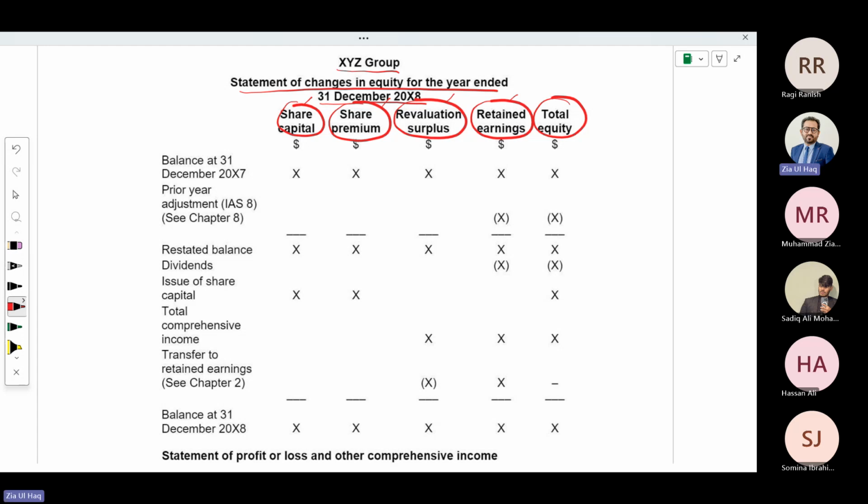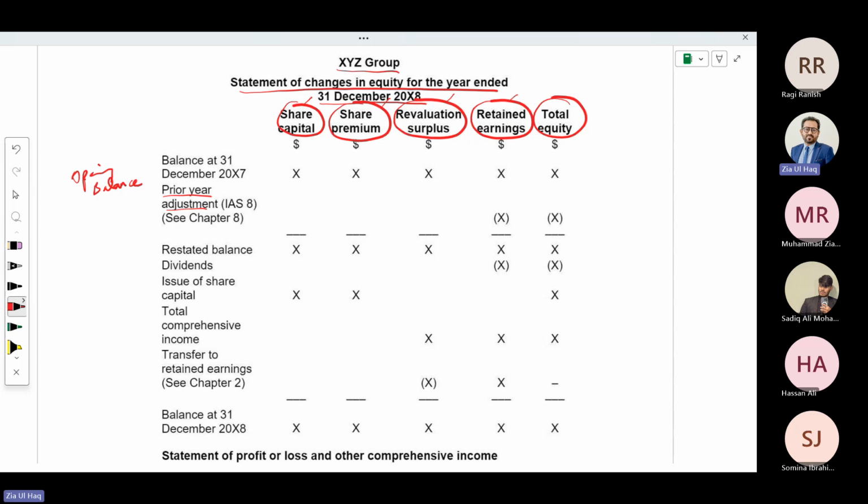First, we need to state the opening balance. Balance at 31st December, or at the start of the year, meaning the opening balance, we need to state for all. And that will normally be provided in the question. Then we need to adjust any prior year adjustment for IAS 8, and that we will study in IAS 8.